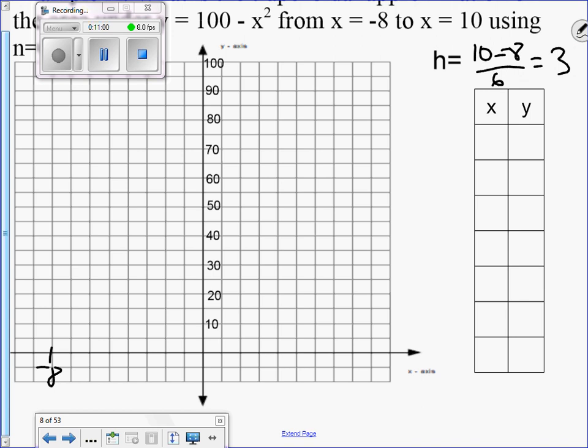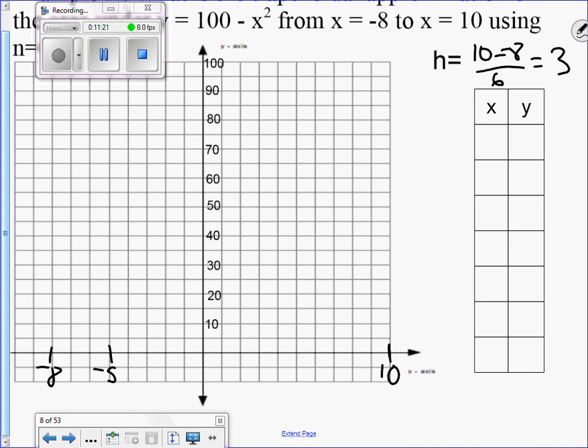So what should be the next x value? Well, 10 we're going to need too, so I could put that there. But if I'm here at -8, the first subinterval is going to go from -8 to what? -5. So that's what you want to mark.